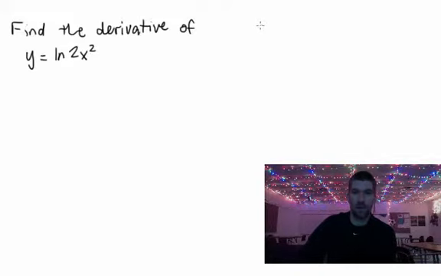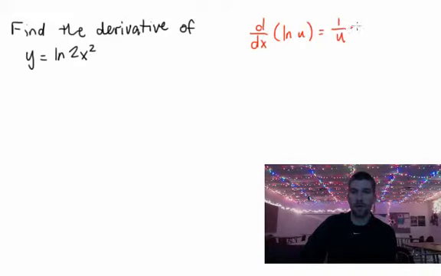If we look at the natural log, we're talking about the derivative d/dx of the natural log of u, and that's simply going to be 1 over u times du/dx. When I take this derivative, there's a couple things I'm going to do.